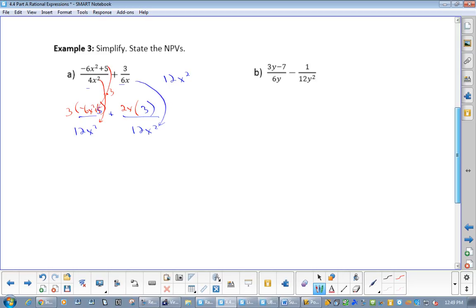Now, all of this is going to be over 12x squared. Now we want to take this 3 and multiply it to here and here. That would be negative 18x squared plus 15, and then these two would be plus 6x.